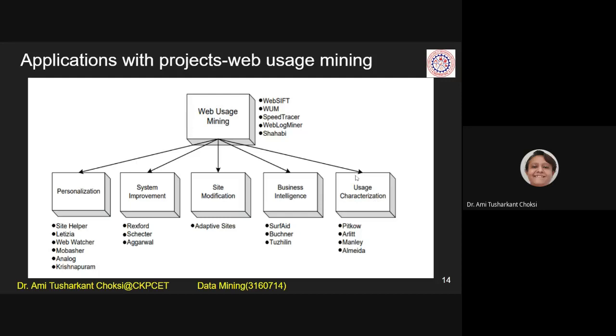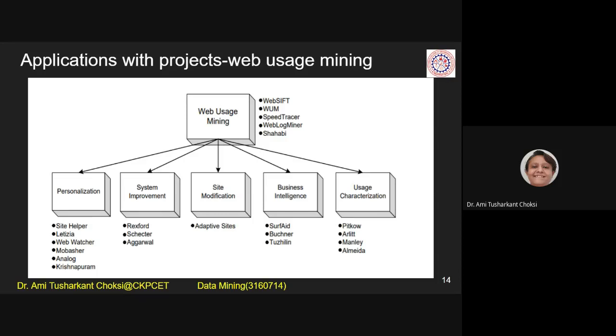Next is the user characterization. For that, we can say that what do we mean by usage characterization? We characterize the usage. Okay, this person is using comedy serial. This person is using, say, crime serials. This person is looking at, say, some art related things, right?